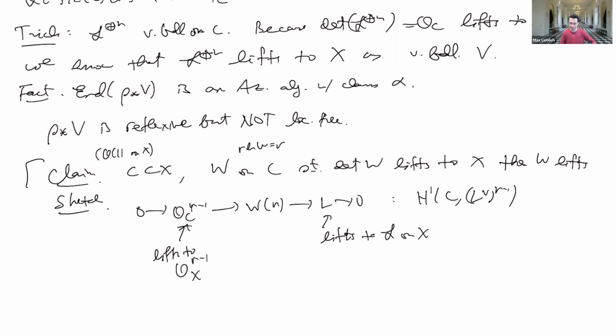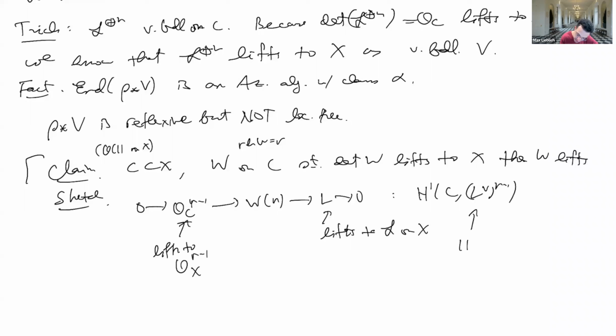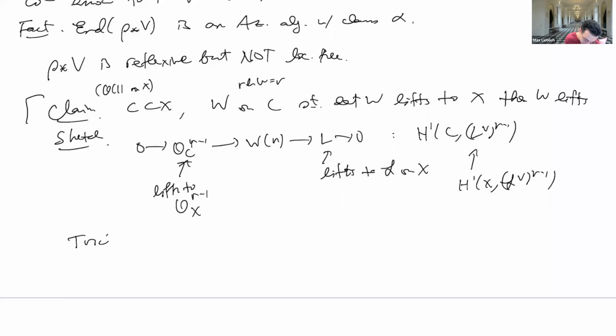So the first thing you think naively is, well, maybe I can just lift this through this map. Well, you can't do that. That's not going to work. But here's the trick: you can remove one point from X that's not in C. Just take a point out.